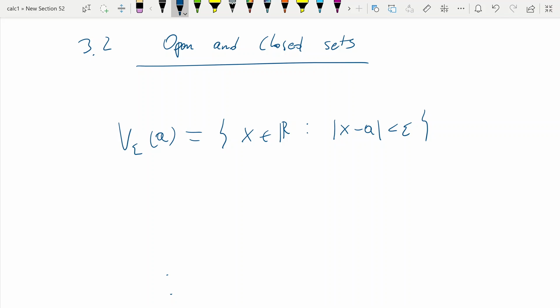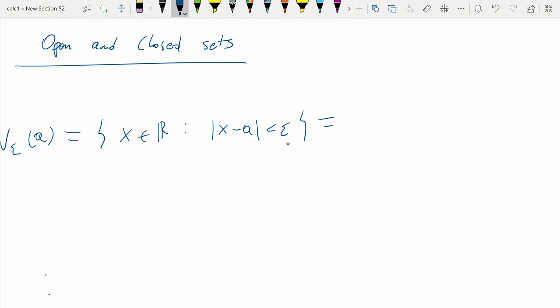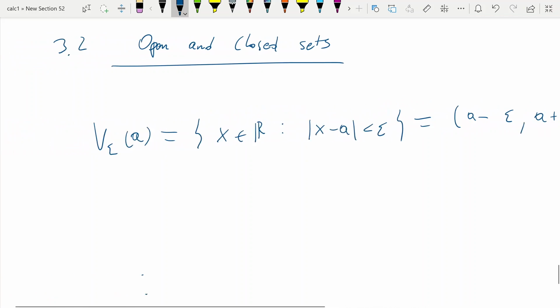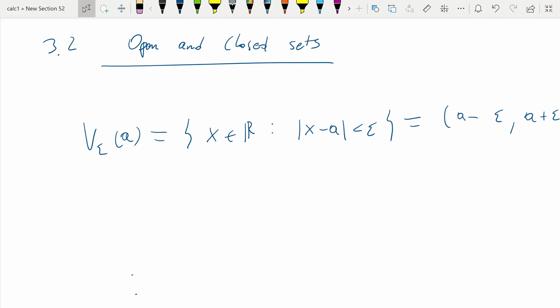Well, what I said before is that the numbers x such that the absolute value of x minus a is less than epsilon can be written explicitly as the set of points in this open interval. And this is called an epsilon neighborhood.